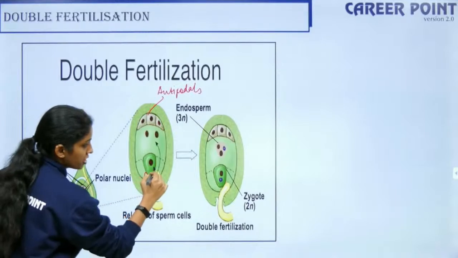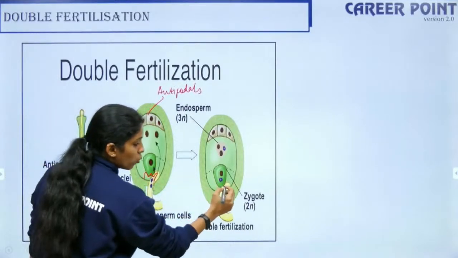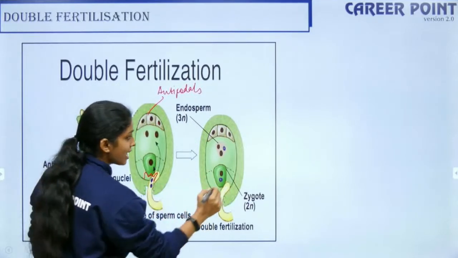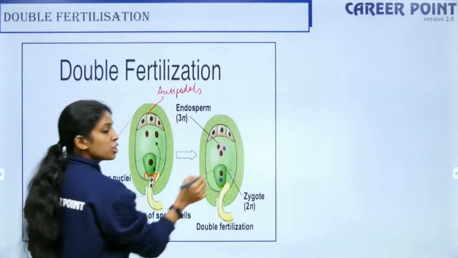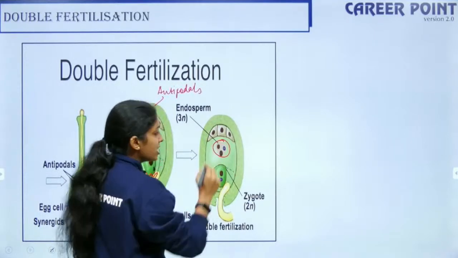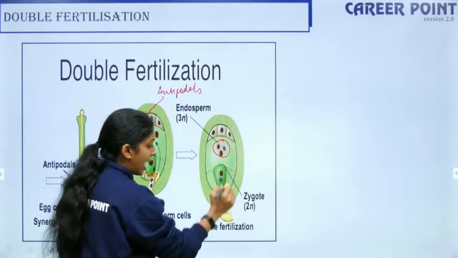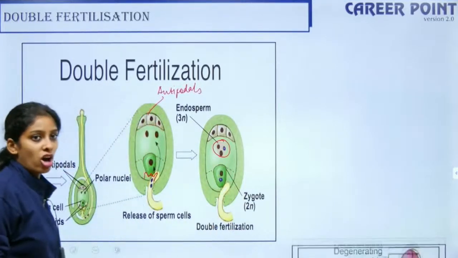So I have small projections like this. So then my one male gamete fuses with the egg cell and the other fuses with the secondary polar nuclei. So this becomes the endosperm nuclei. So this becomes the endosperm cell, and the other one consists of the zygote.